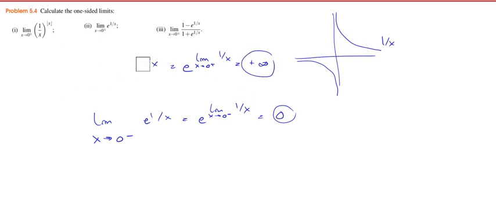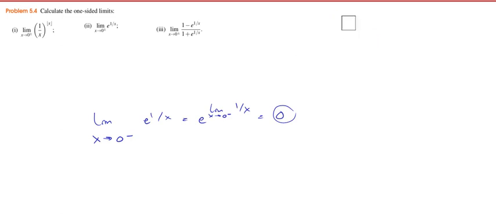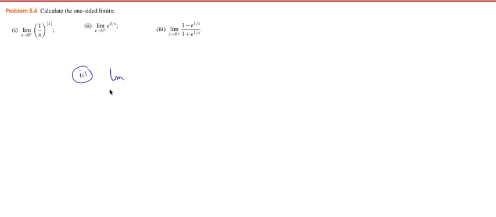And then let's do the last one, number 3. The limit when x goes to 0 from the right of 1 minus e to the 1 over x divided by 1 plus e to the 1 over x, and then the limit when x goes to 0 from the left of the same function.